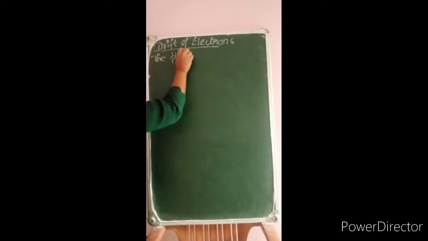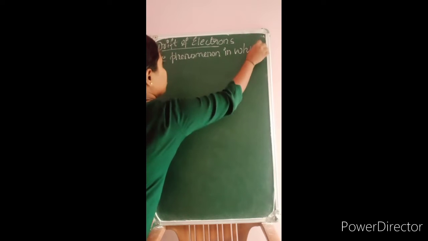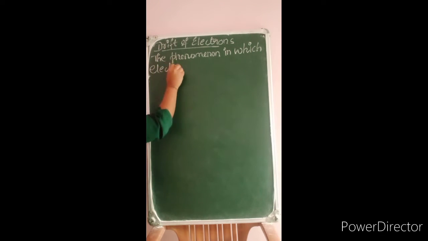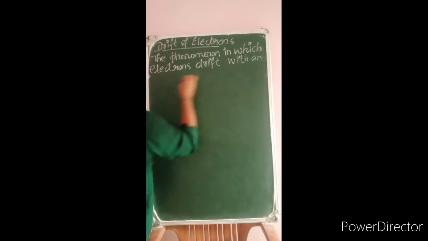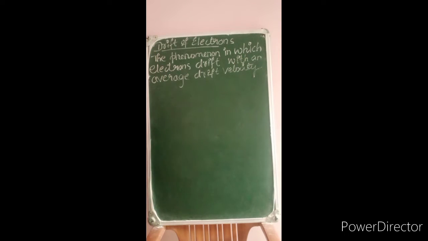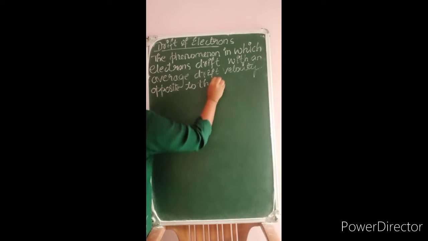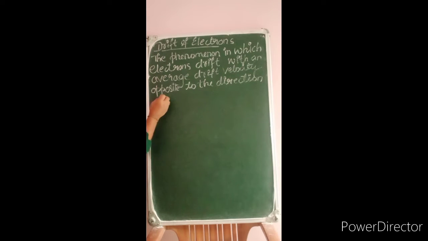It is nothing but the phenomenon in which electrons drift with an average drift velocity opposite to the direction of electric field.